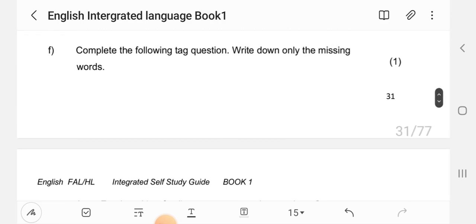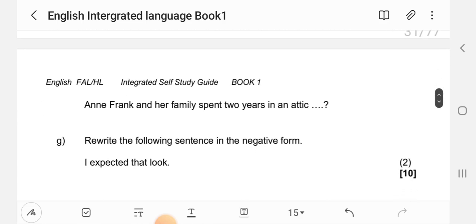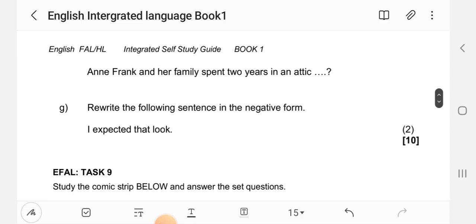Because you have to complete the following tag question. That's what you say. Anne Frank and her family spent 2 years in an attic, didn't they? That's how I would write that.